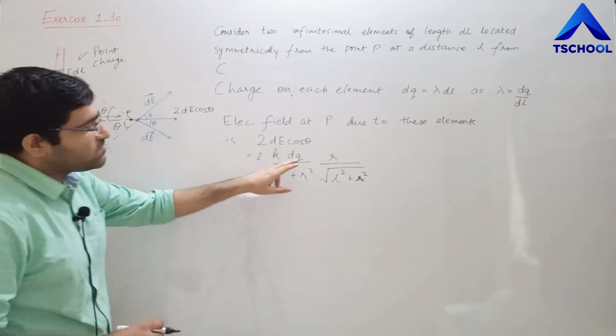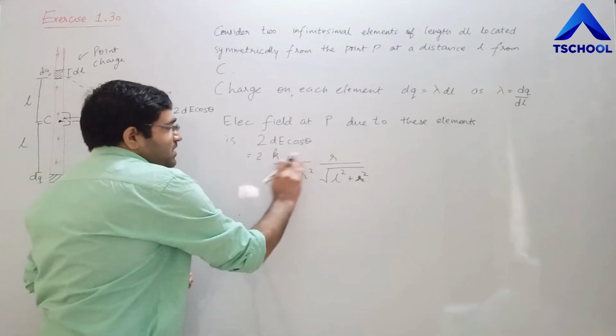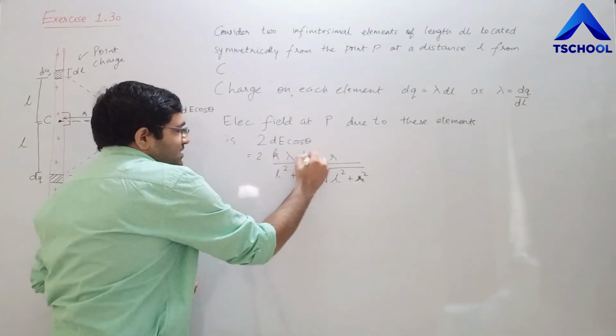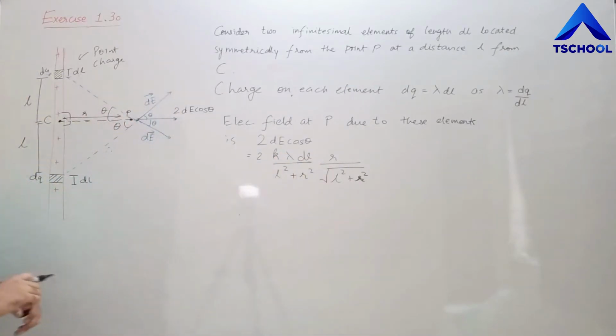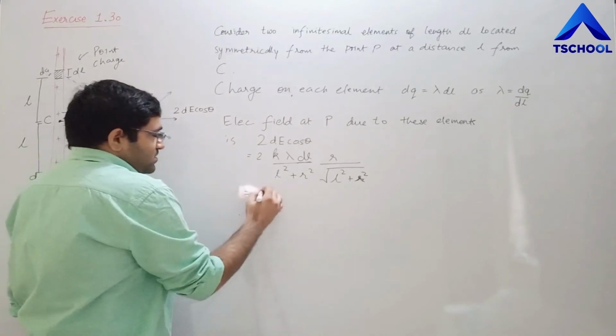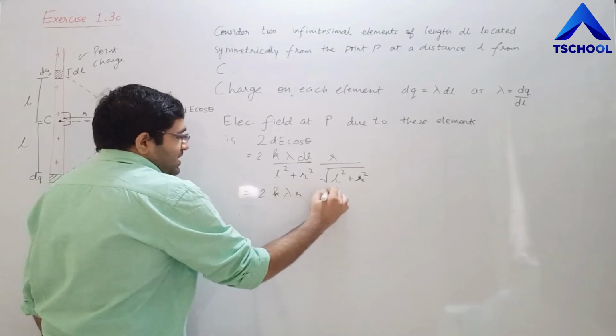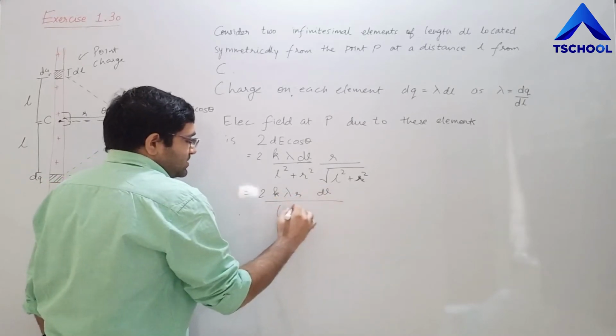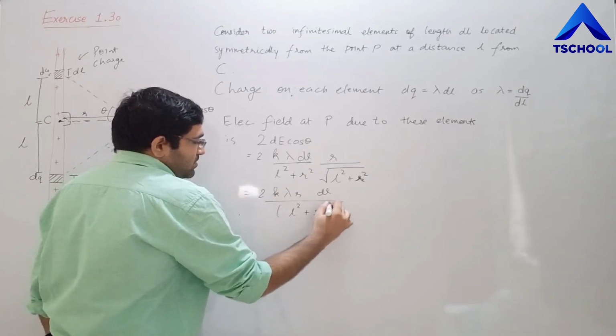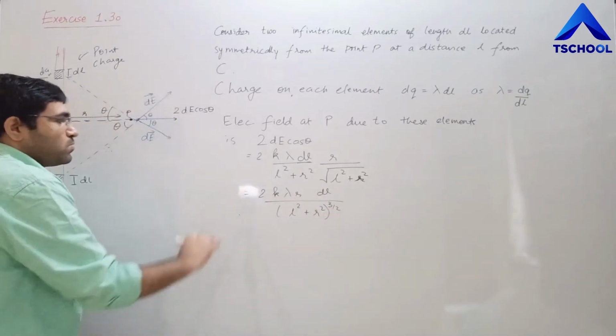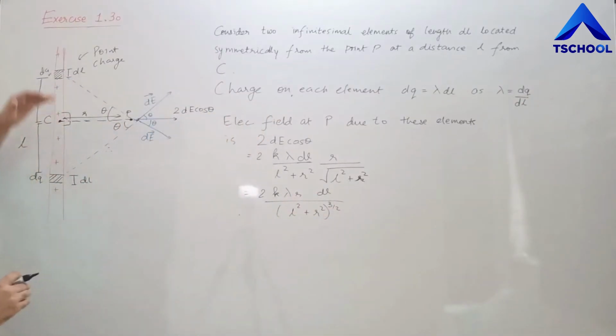There's one more thing we can do. We can put dq's value, which is lambda dl. To simplify it, we get 2k lambda r dl divided by L square plus R square raised to 3 by 2. So this is the electric field only due to these two elements.